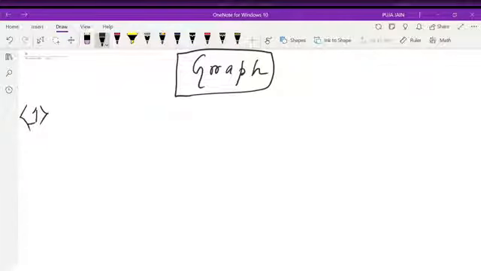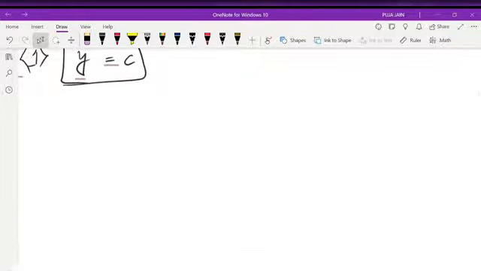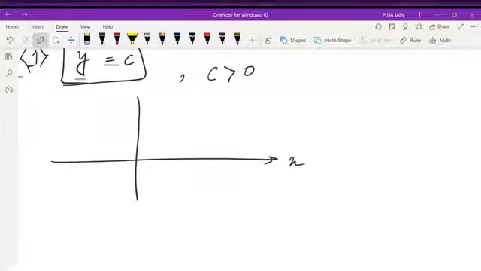Okay, so let's see y equals c, where c is a constant. The graph of y equals c. Now if c is greater than 0, then the graph of y with x, suppose this is c, will be a straight line.